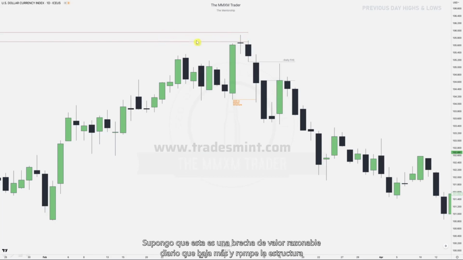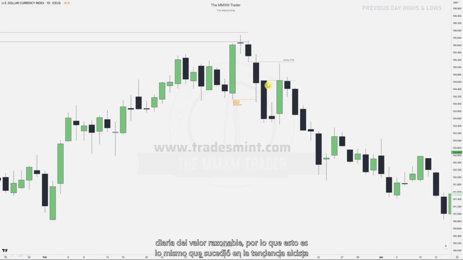I assume this is a daily fair value gap going down lower and breaking structure down here. So we've got confirmed sell side of the curve incoming, right? So over here, every time we take out more buy side, so we take out previous daily highs again and again and again until we reach that higher time frame array, right? Now breaking structure lower and returning back into that daily fair value gap.